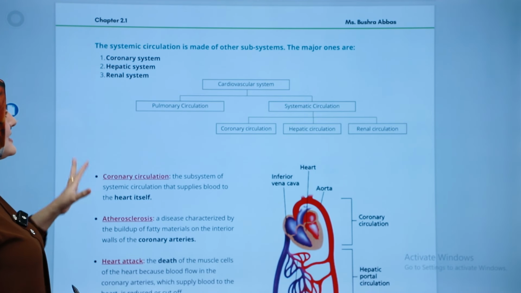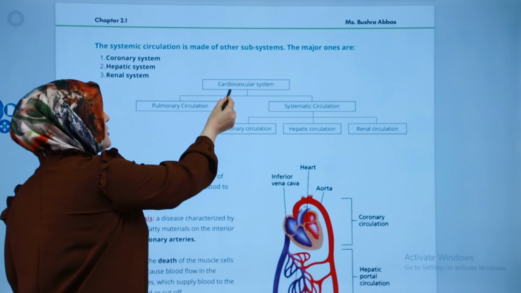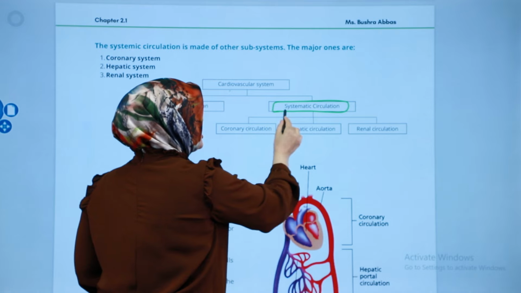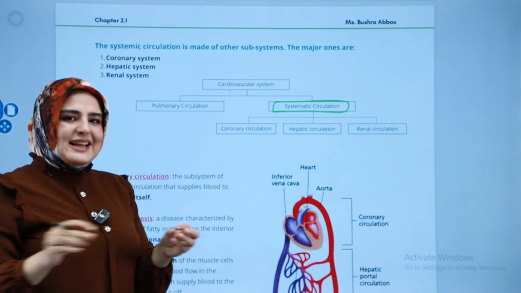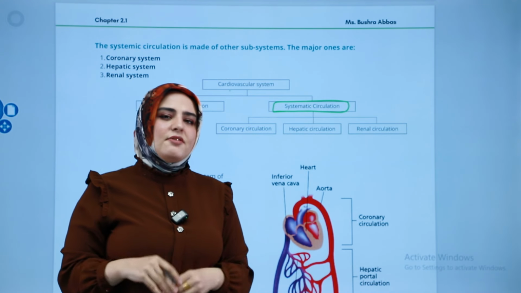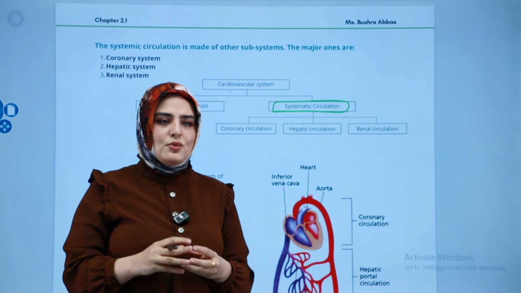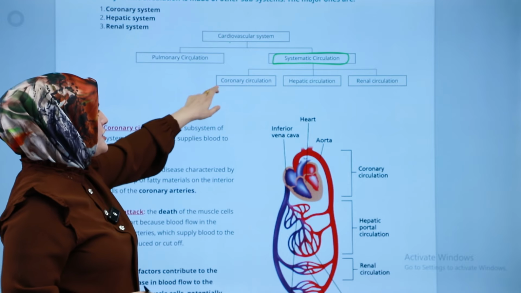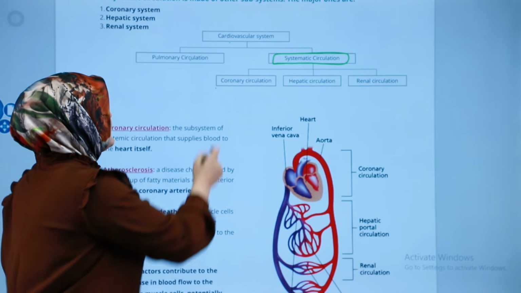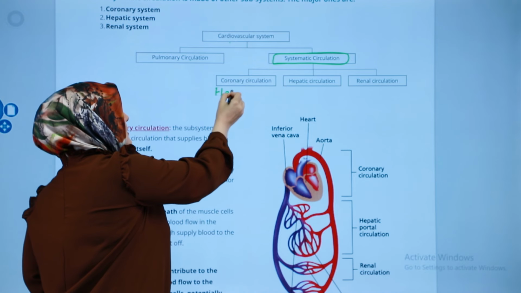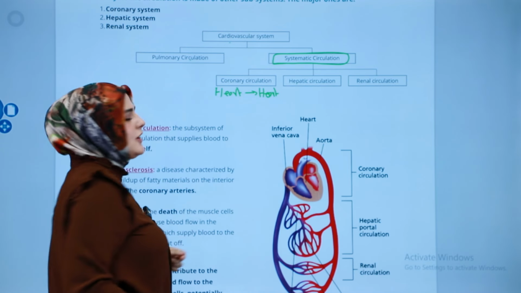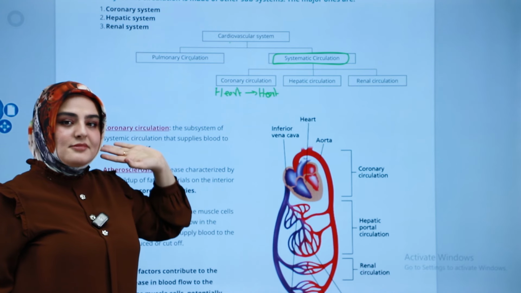However, in the systemic cardiovascular system, pulmonary and systemic, this is systemic circulation, they're also like smaller systems that are divided on the organs or like certain systems. For example, coronary circulation is between heart and heart. Okay? It's between heart and heart. Done.